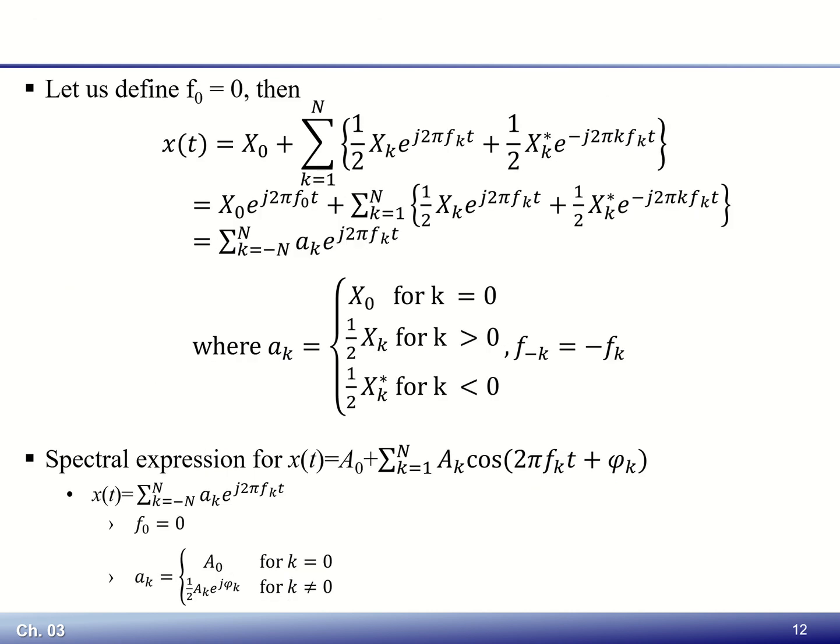And we study further. x0, as we explained, can be expressed as exponential j 2 pi f0 t when f0 is 0.